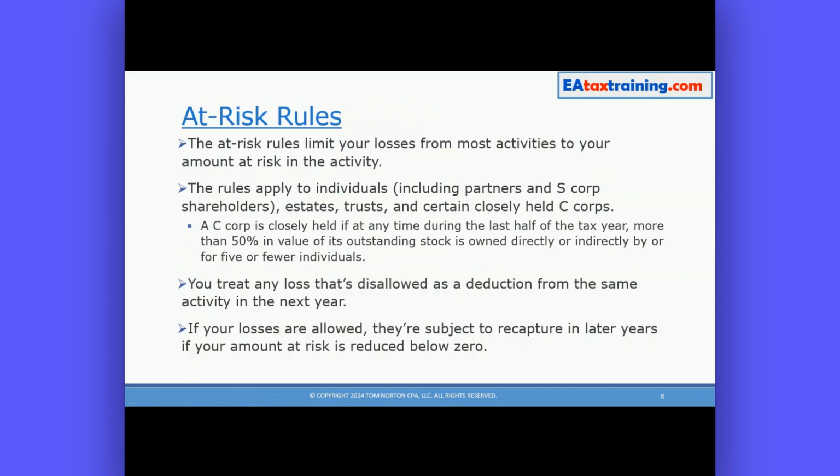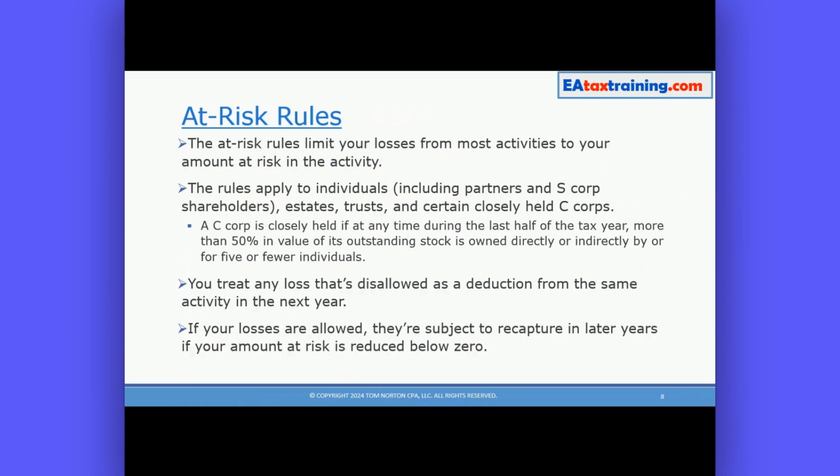So the at-risk rules, the basic idea here is that you must have invested money or other property, or have money or property at risk of loss in order to take tax losses.